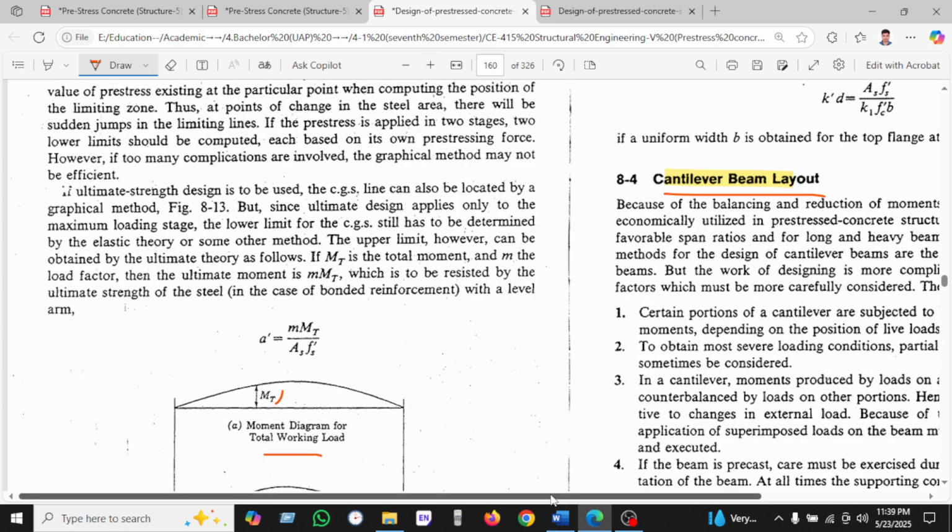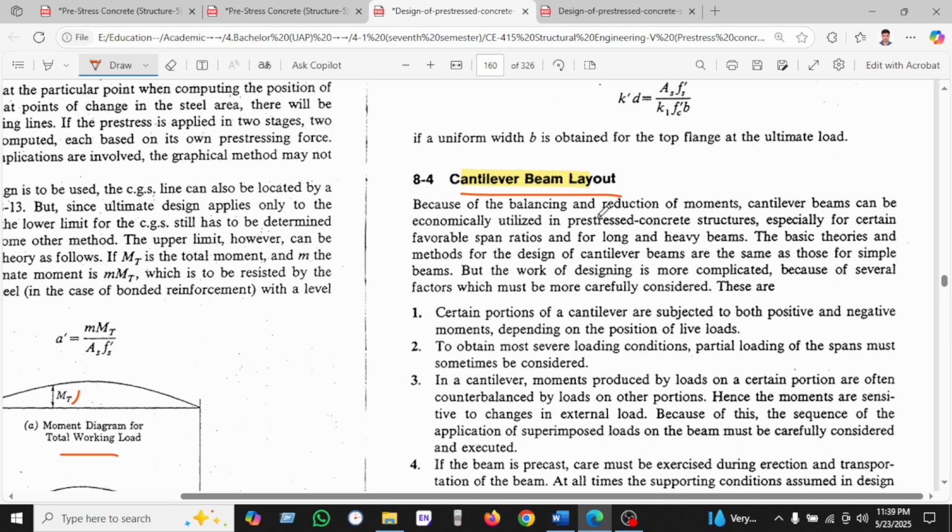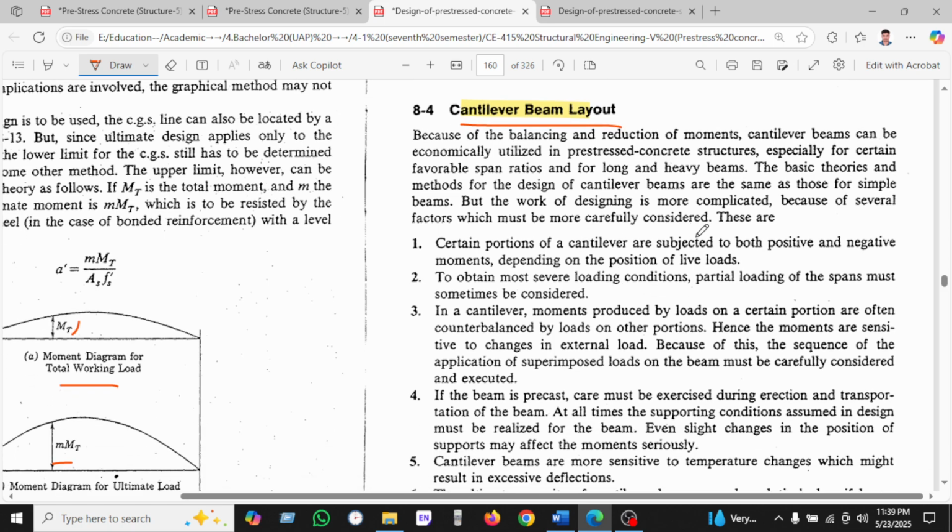At first we can read some theory. Because of the balancing reduction moment, cantilever beams can be used economically in prestressed concrete structures, especially for certain favorable spans and heavily loaded beams. The basic theories and methods for designing cantilever beams are the same as those for simple beams, but the work is more complicated because several factors must be carefully considered.